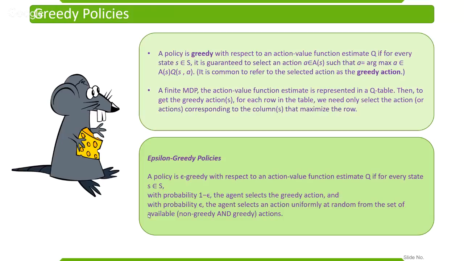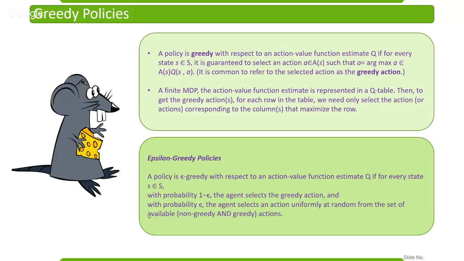But if you want to make good use of your greedy policy so that it can help you converge to your optimal policy, there is another variant of greedy policies, which is epsilon greedy policies. A policy is known as epsilon greedy with respect to your action value estimate if for every state, with a probability of 1 minus epsilon, the agent selects the greedy action, and with a probability of epsilon, the agent selects an action uniformly at random from the set of available non-greedy and greedy actions.